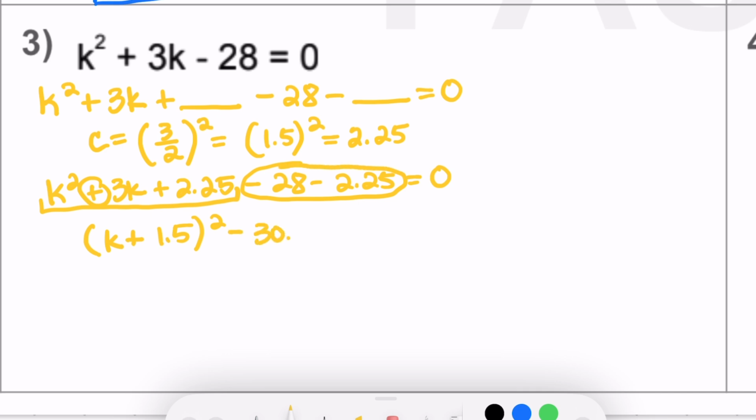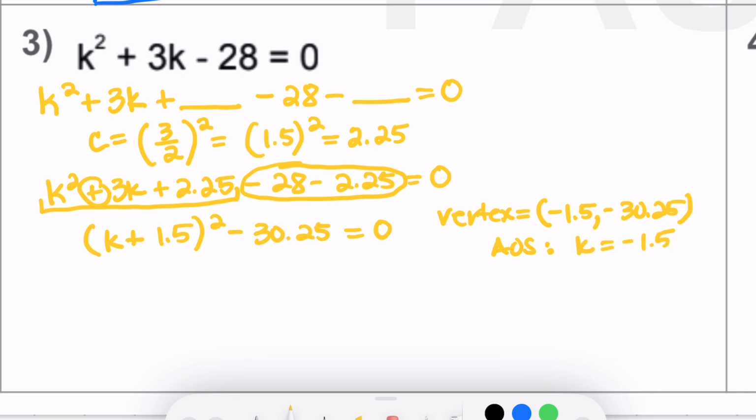minus 30.25 is equal to 0. Your vertex is going to be negative 1.5 and negative 30.25, and your axis of symmetry would be k is equal to negative 1.5.